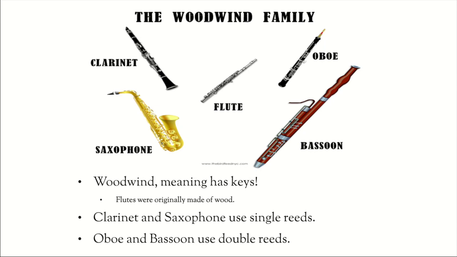The majority of the woodwind family have keys that you have to close the hole using fingers, but you do have a couple instruments like the flute and the saxophone that do not have holes. Clarinets and saxophones use what we call a reed, which is a bamboo-like piece of wood, I guess you can call it that, and it goes on the mouthpiece.